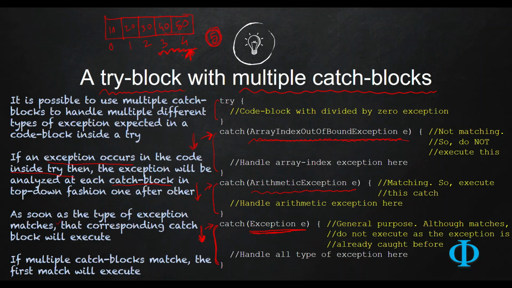The next is arithmetic exception, which only handles the divided by 0 type of exception. And if you are not sure what else to handle, you just add an Exception with no specific type, so that if none of the earlier catch blocks handles it, it will automatically come inside the general purpose catch block and be handled.